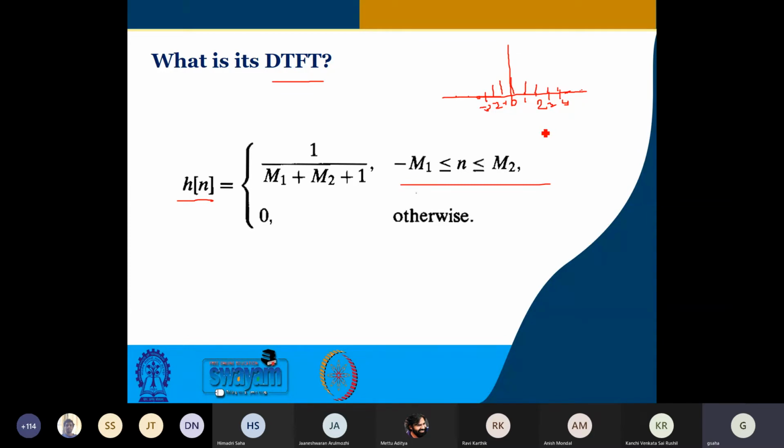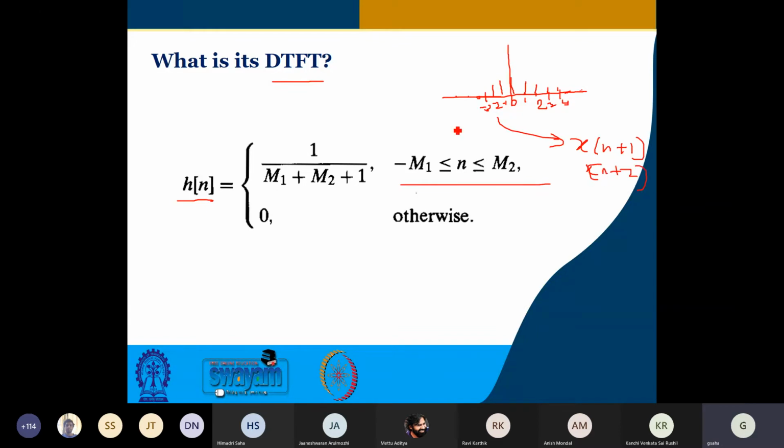Of course, this is not causal. Why am I saying it is not causal? Can somebody give me an answer? It has values less than 0 as well. So when you convolve, this part will ask for future values of x. h[-1] will ask for x[n+1], and h[-2] will ask for x[n+2] in the convolution sum.